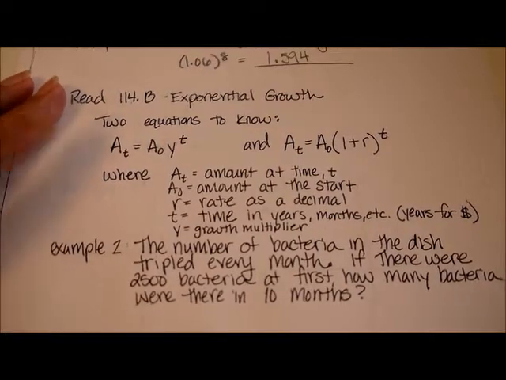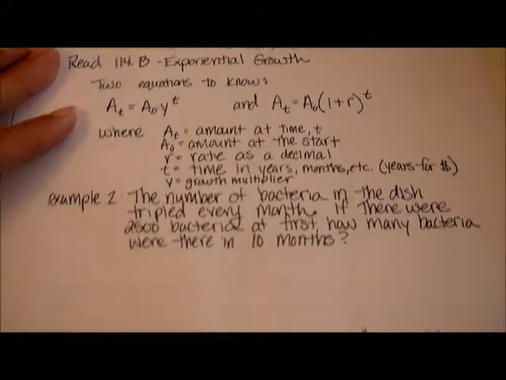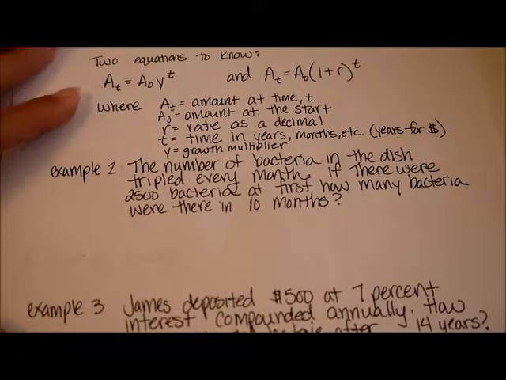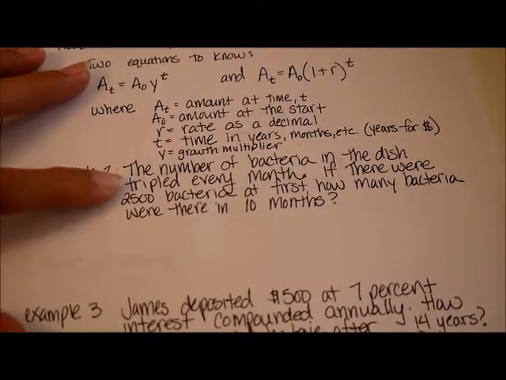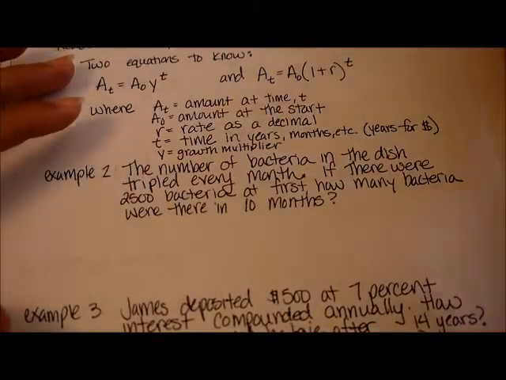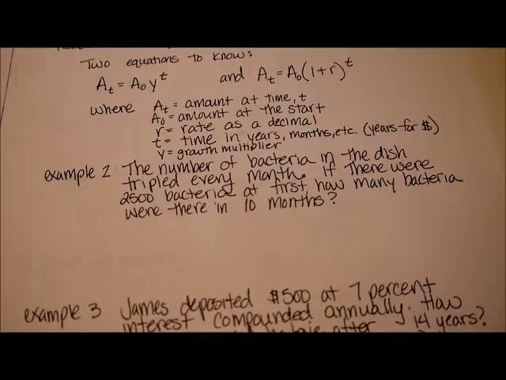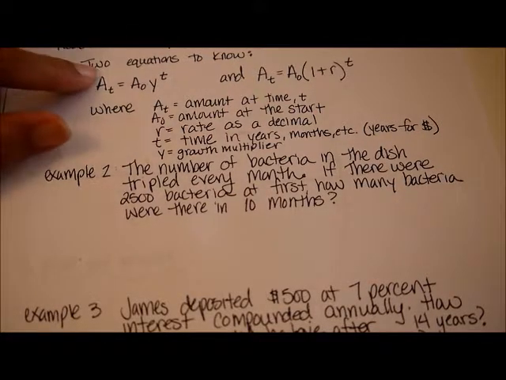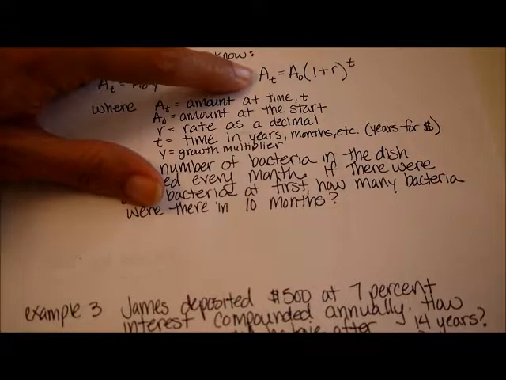Let's look at example 2 here. The number of bacteria in the dish tripled every month. If there were 2,500 bacteria at first, how many bacteria were there in 10 months? So we're going to use this because that one is for money.